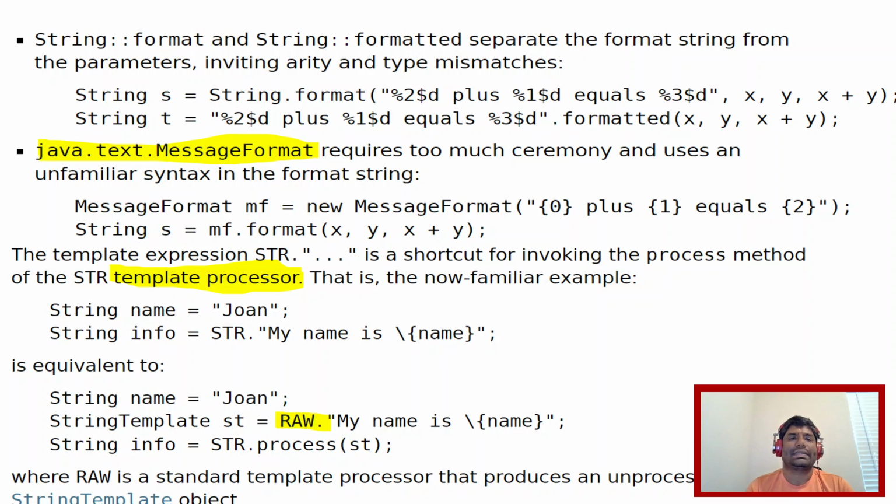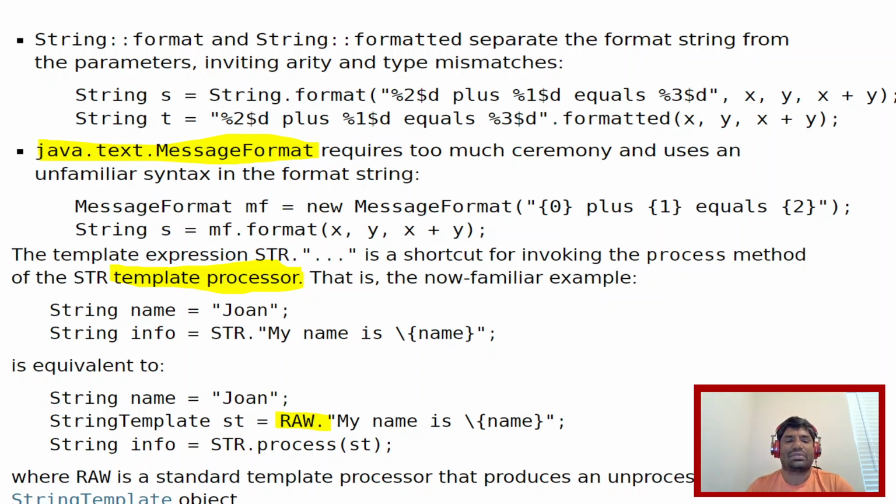Now you can see the first syntax, String.format. This is the method we use to replace certain values dynamically. Now they come up with a new library called MessageFormat, where you can prepare the objects for which you want to introduce replacement values, and as I said, they come up with the template processor.